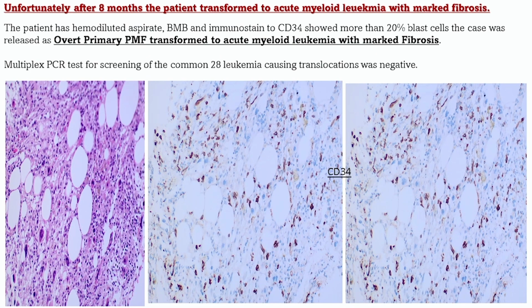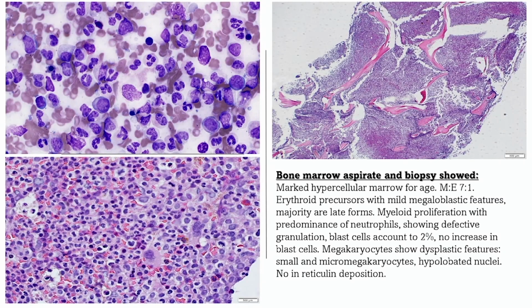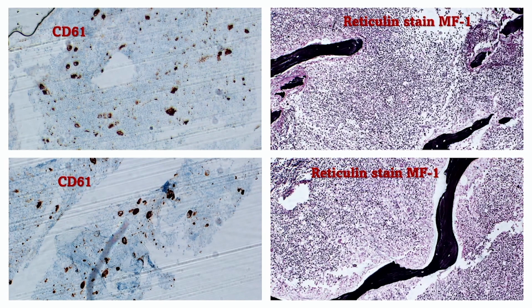After a few years, 8 months, he developed blasts. The 10th is a case of increased neutrophils in the peripheral blood, persistent cytopenia with mild left shift. This patient we classified as MDS/MPN with neutrophilia due to the overlap of pancytopenia and megakaryocytic dysplasia.